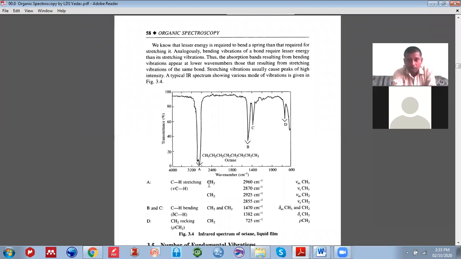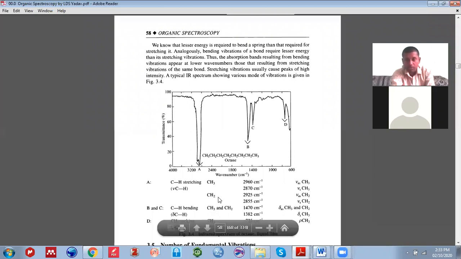So the terminal CH3 gives two types of peak: one stretching vibration and another stretching vibration, two types, symmetric stretching and asymmetric stretching. Symmetric stretching has the higher vibrational frequency, that is 2960 cm⁻¹, and the other stretching frequency is 2870 cm⁻¹.